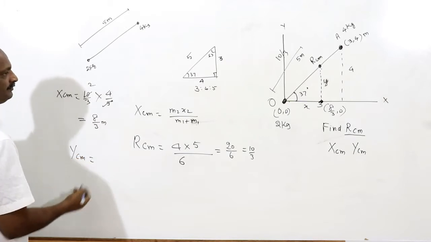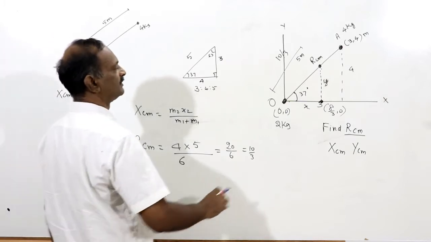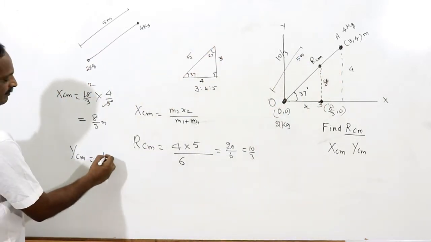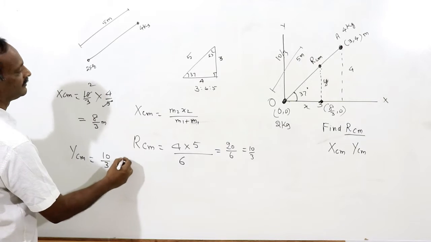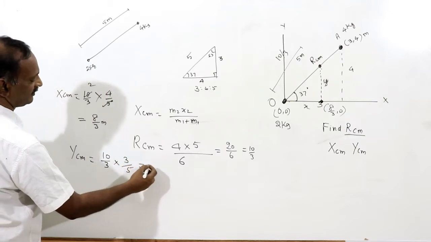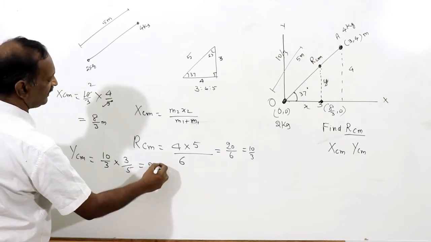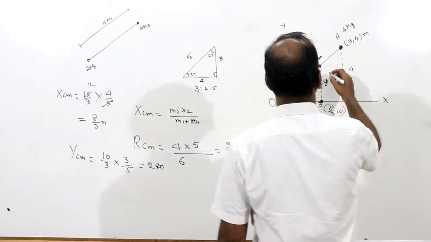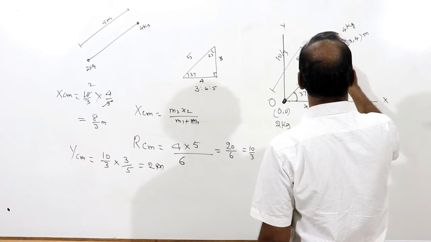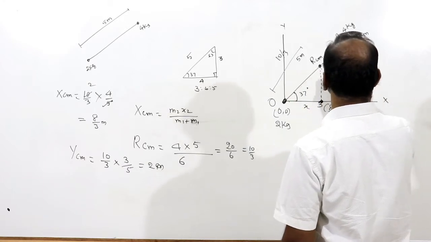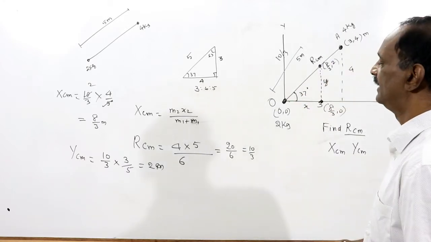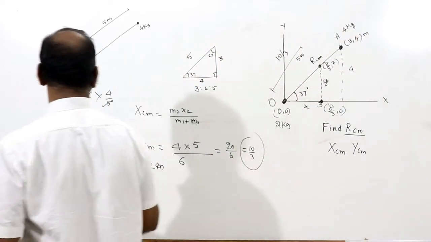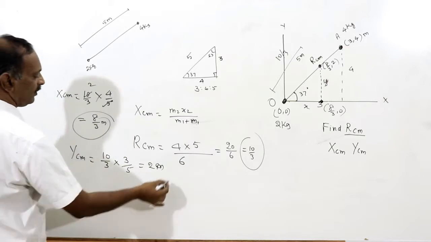YCM means this portion: hypotenuse into sin of 37. The hypotenuse is 10 by 3, sin 37 is 3 by 5, so it equals 2 meter. So this distance is 8 by 3, 2 meter. XCM, YCM, RCM. This is the explanation.